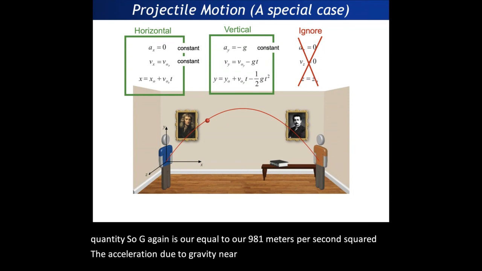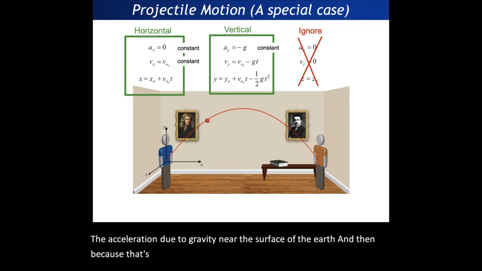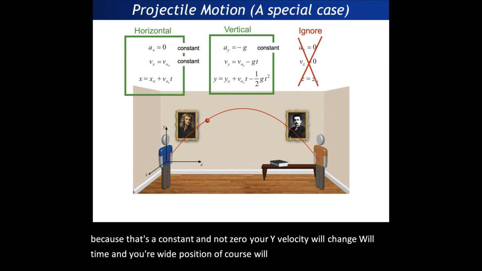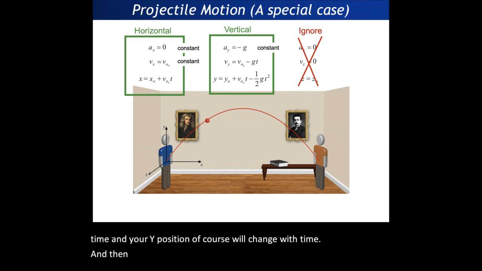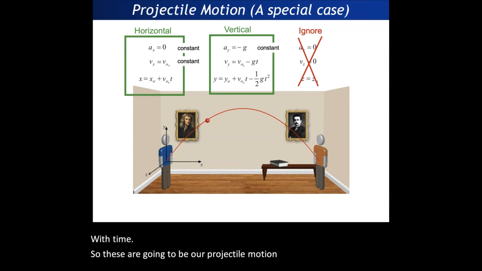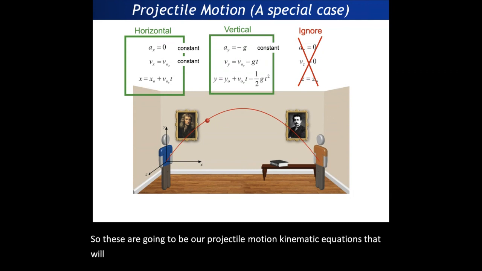Because that's a constant and not 0, your y velocity will change with time, and your y position will change with time. And if Vx is not 0, then your x position will also change with time. These are going to be our projectile motion kinematic equations that we'll use to solve various projectile motion problems.